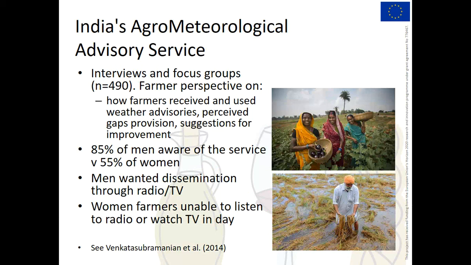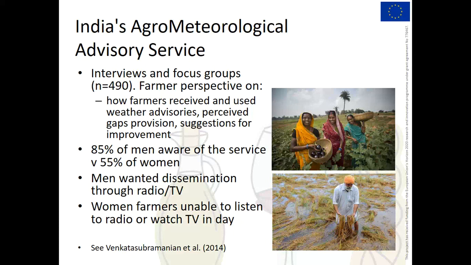The researchers here wanted to see if people were using that information and how the service could be improved. So they did interviews and focus groups with 490 farmers, and they got their perspective on how they received information and how they used it, perceptions of gaps in provision, and their suggestions for improvement as well.